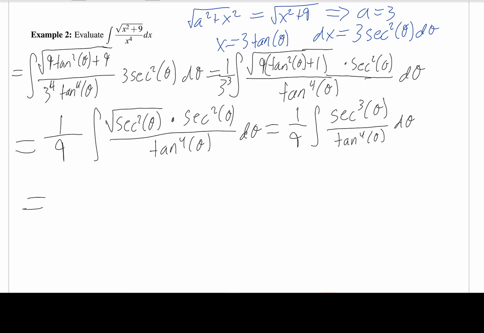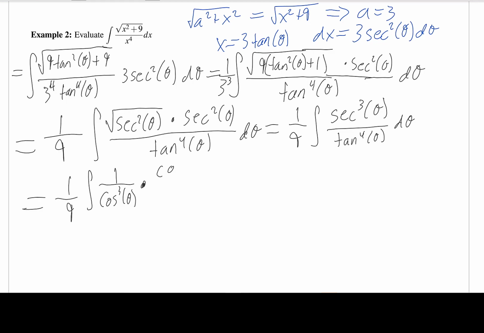And so this will give us, if I break these up into 2 different fractions and multiply them, secant cubed theta, that's 1 over cosine cubed theta. 1 over tangent to the 4th of theta, that would be the same thing as cotangent to the 4th of theta.